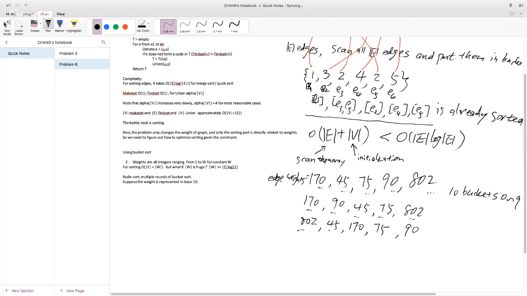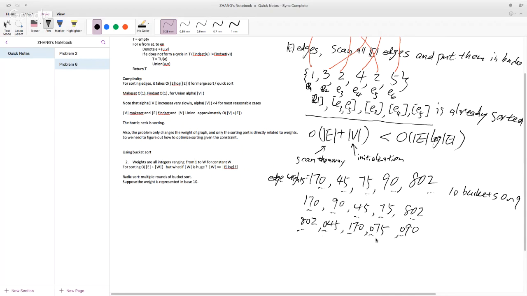If there are not enough digits, we just prepend 0.